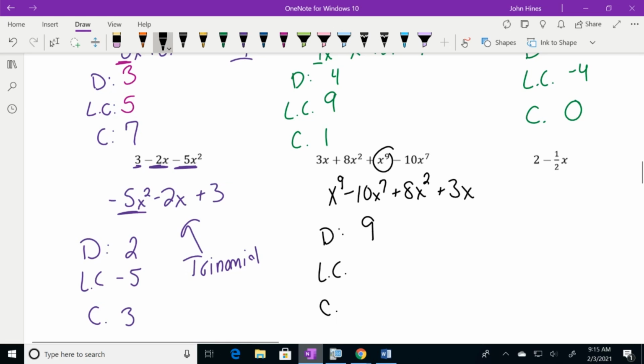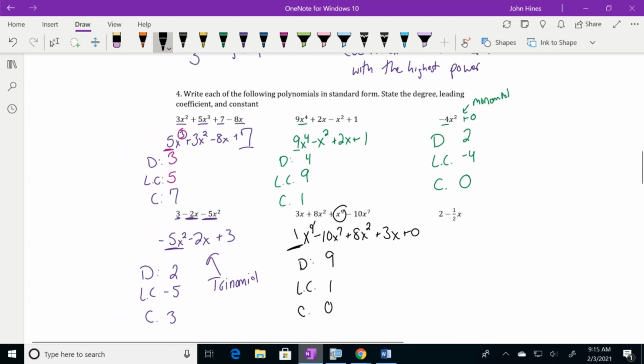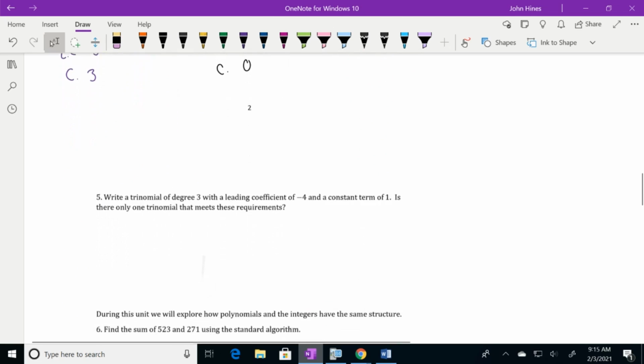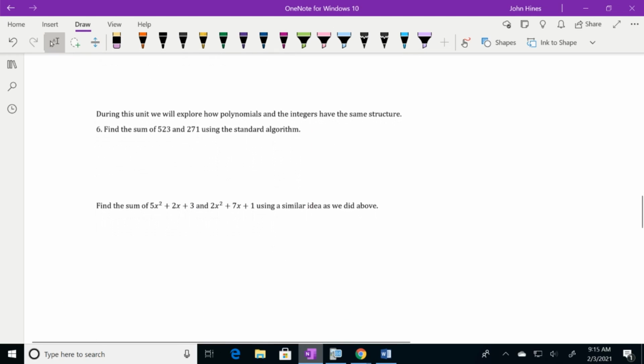Degree, 9. Highest power is 9. Leading coefficient, what number's in front of that? A 1. Constant is a 0. Okay? So there's some good vocab there. Degree, leading coefficient, constant, trinomial, monomial. Hopefully you've heard these words before and they're coming back to your head.